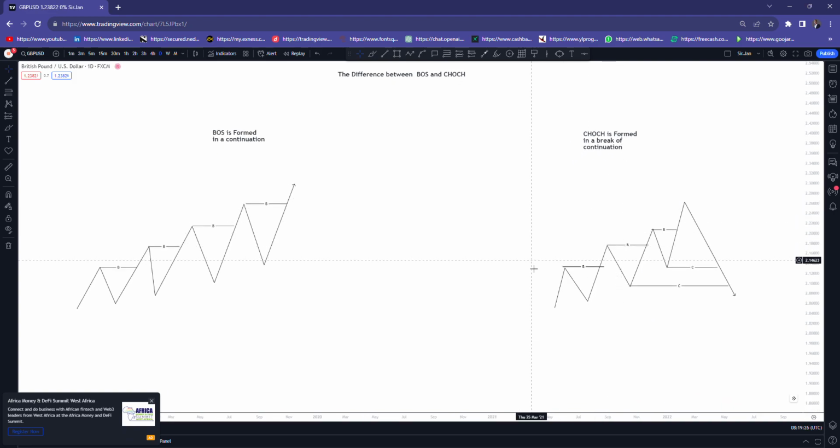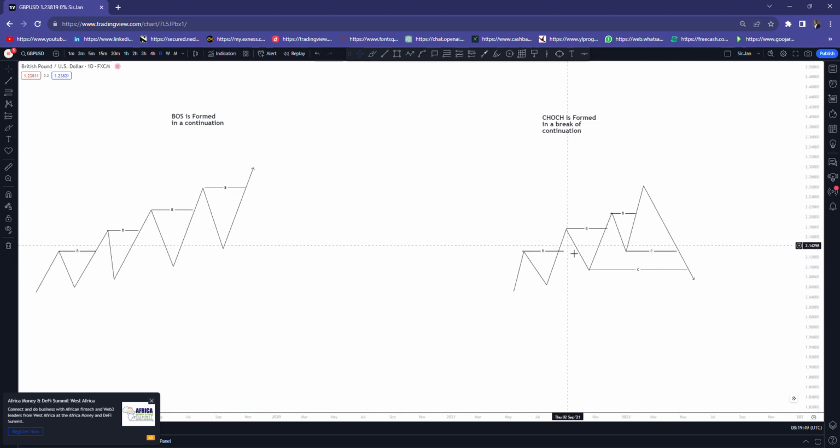Now the nice thing about change of character, I've seen many people failing at spotting a proper change of character, simply because they might not really have mastered how it functions.